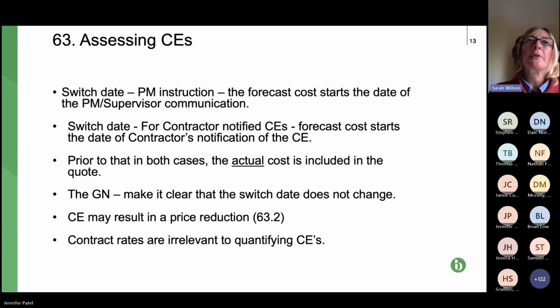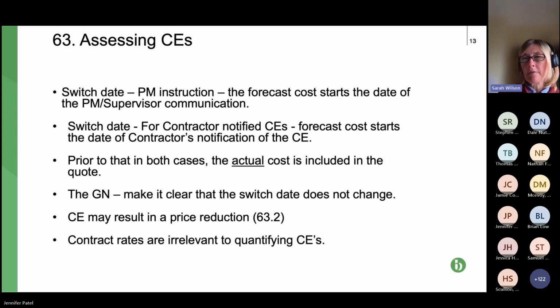Because if you just think about it, if a CE occurs today, might issue an early warning about it tomorrow or Thursday, for example, but the 8-week time limit starts from today. So contractor issues a CE notice 8 weeks from today. It can issue it earlier than that, it just can't issue it later.